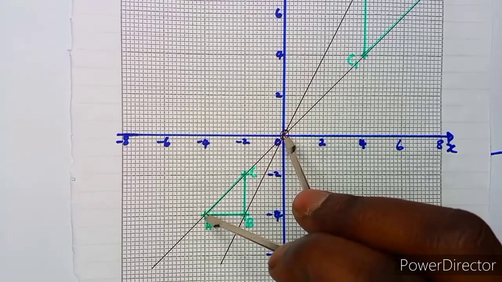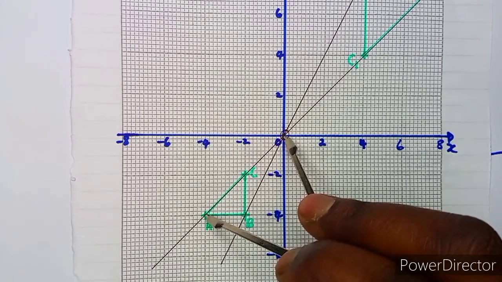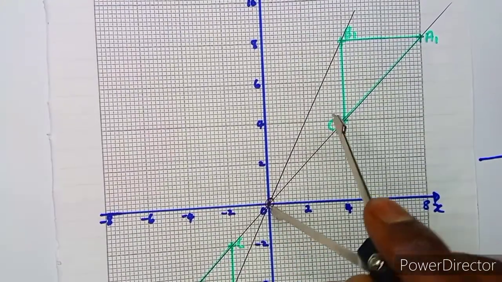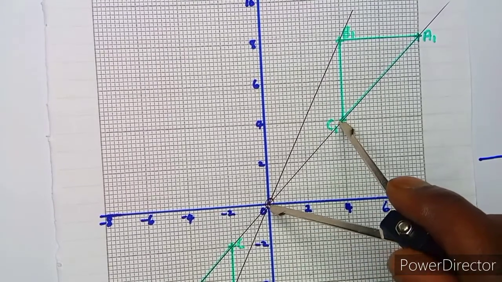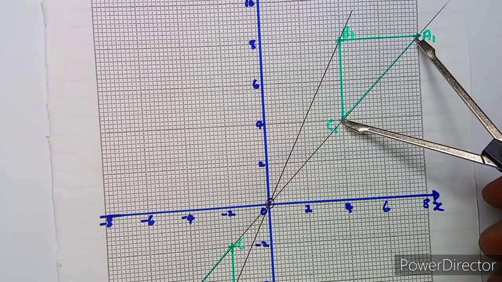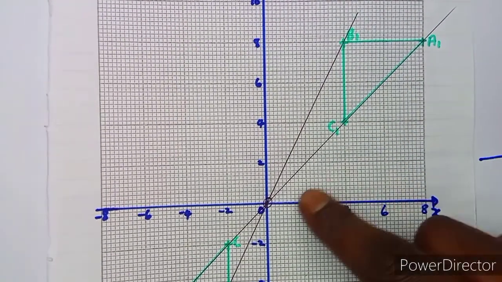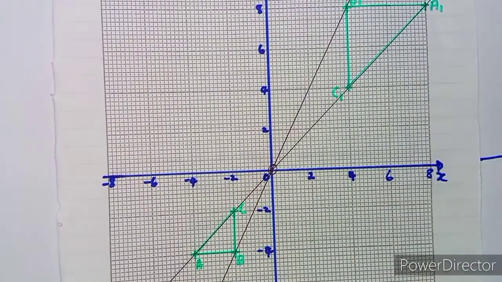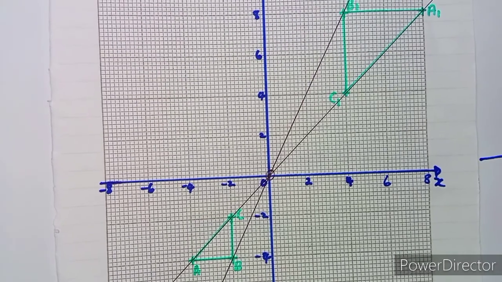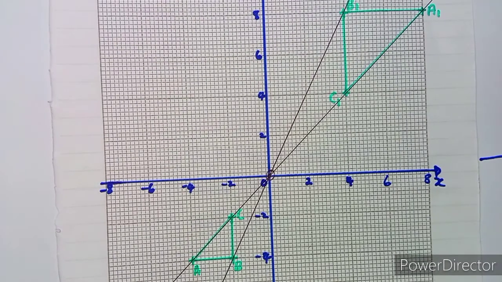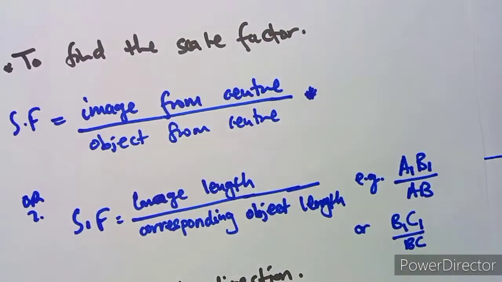Now from the center to A1, let's move. That's 1 here, then we move on. That's 2. So you're going to have 2 of them. So it is going to be 2 over 1. Which is very confusing, because sometimes you might obtain fractional values. So this is the best way from our formula to do. You are going to use this one.